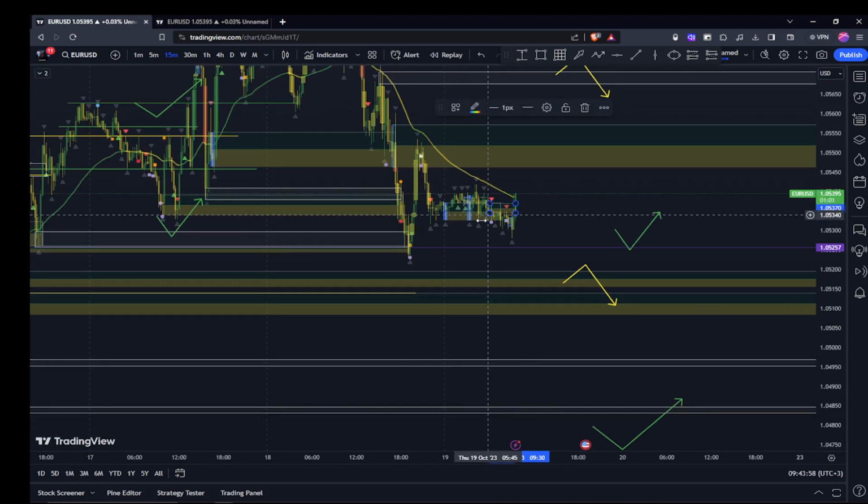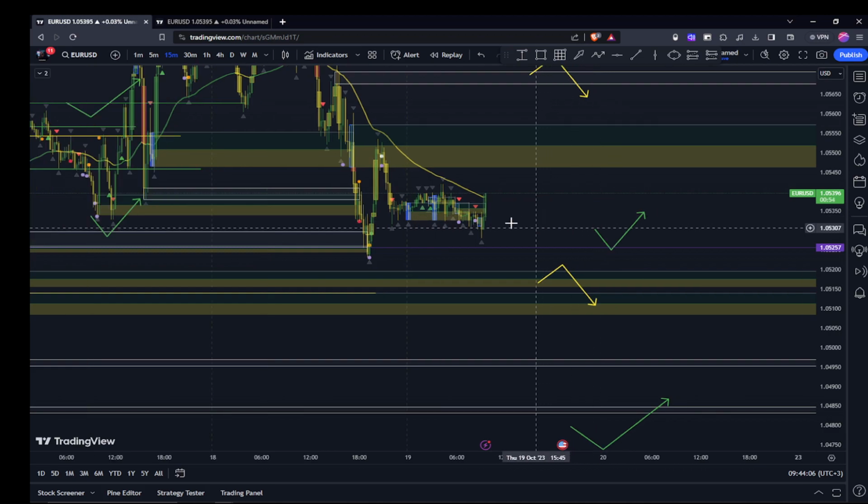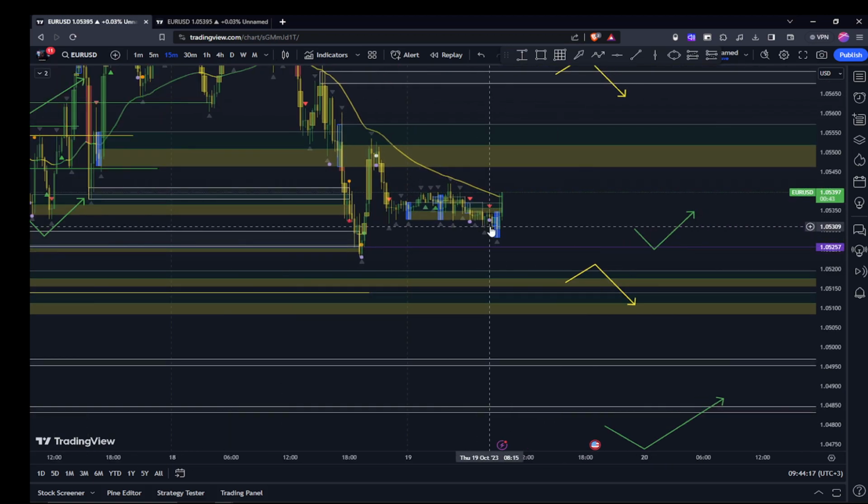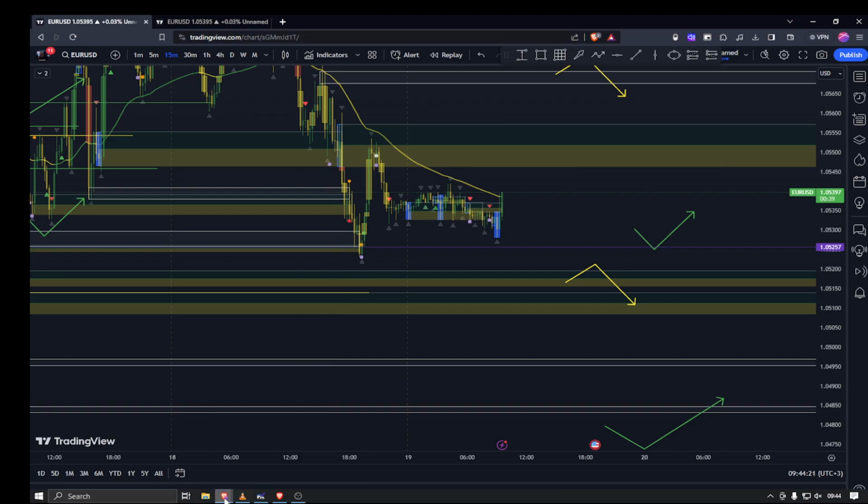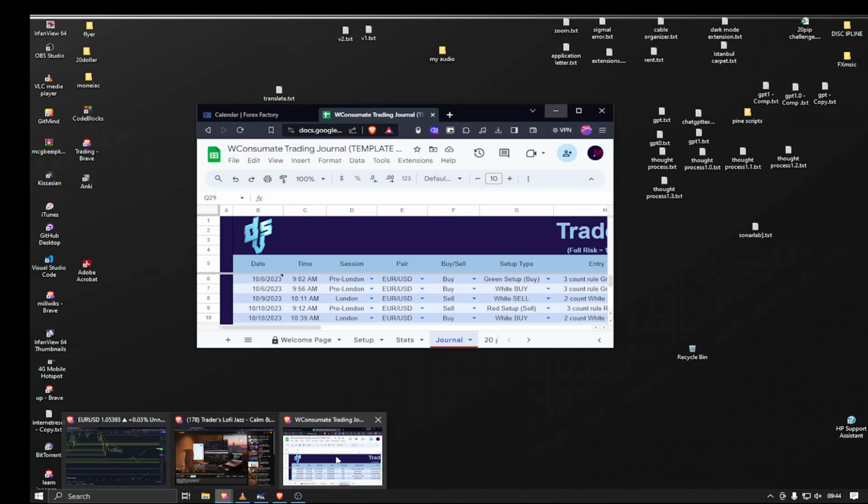I see we were in this bullish order block that was created in the Asian session. This bullish order block has been holding price up until around 8 o'clock where it broke and we started selling. Now I want to explain this trade that I took, why I took this trade.